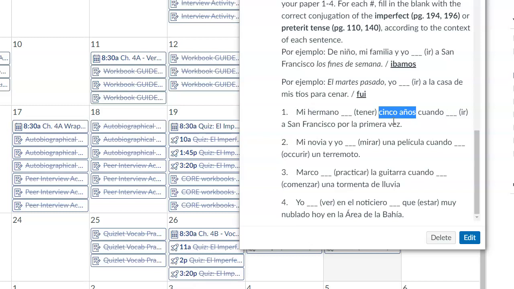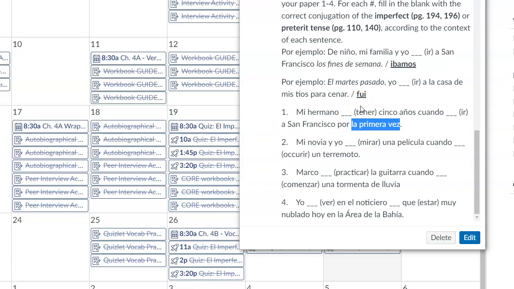So the correct answer for the first blank in number 1 is tenía, T-E-N-I-A. Tenía 5 años, mi hermano, cuando, and then la primera vez is the first time. One can only do something once for the first time.